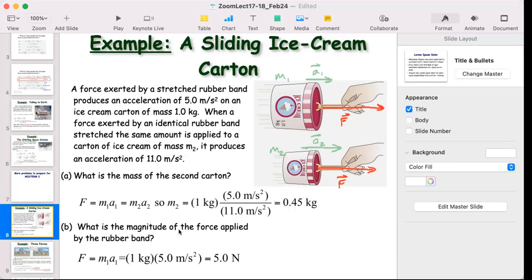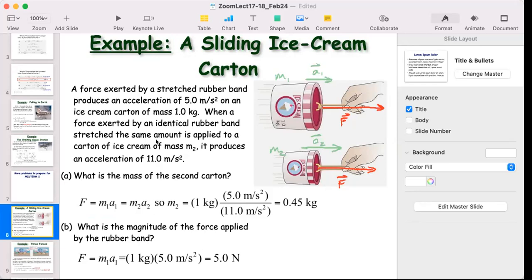Then, what is the magnitude of the force applied by the rubber band? So it is actually asking for the force. And here, because they are the same, you can use M1 and A1, but you can also use M2 times A2. It doesn't really matter.